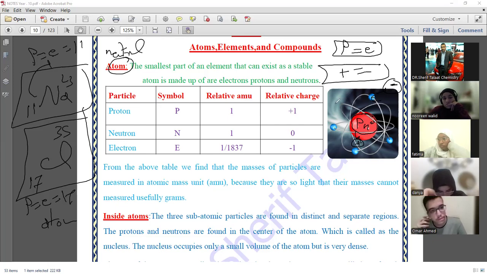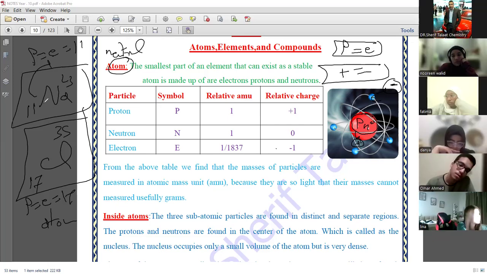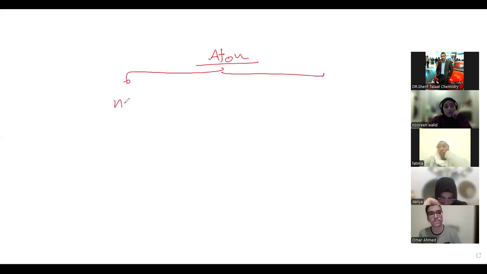In the structure of atom, we said that atom consists of two main parts, nucleus and electrons.